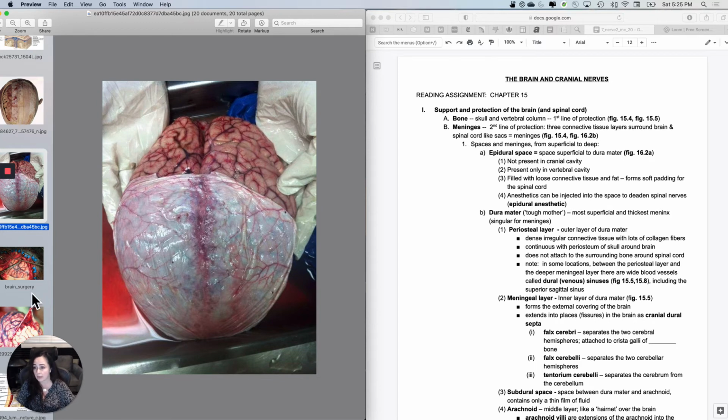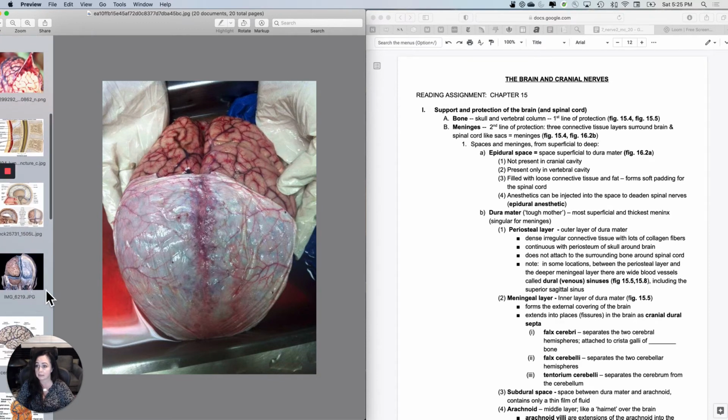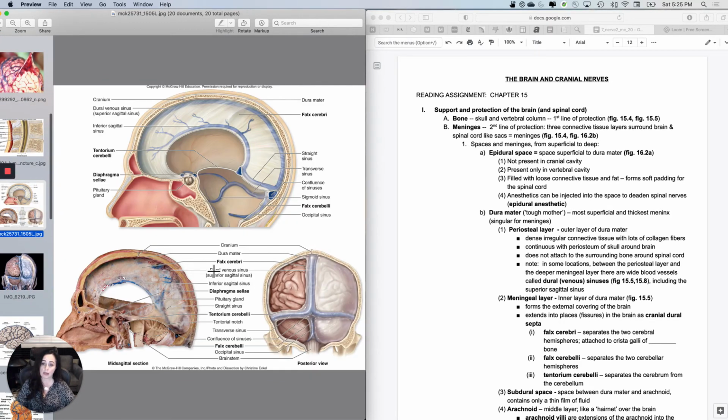Now, the other thing about the meningeal layer is that when we learn the brain, it will have a whole bunch of little hills and valleys, but then it'll have a big crevice that goes between the two halves of the cerebrum, and a crevice that goes between the two halves of the cerebellum, and then another one that goes between the cerebrum and the cerebellum. And in those locations, instead of the dura mater just staying on the outside, the dura mater folds in.